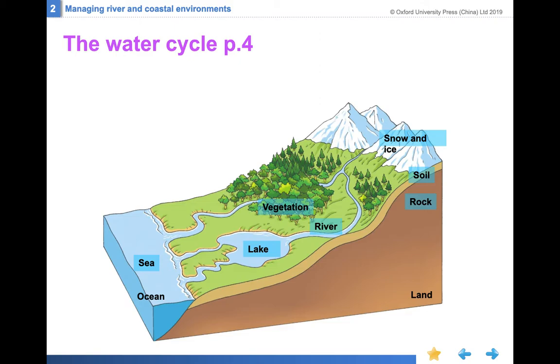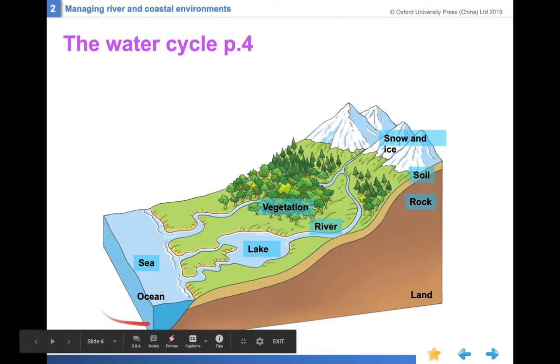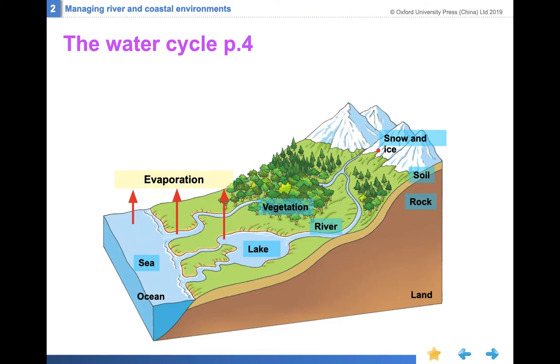First of all, here you could see at least 2 storages of the water. First is the snow and the ice. Second, the sea and the ocean. And also the vegetation and the lake or the river. So how can the water on the land, the sea or the oceans go to the atmosphere?